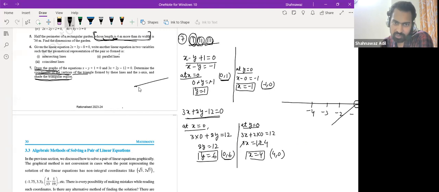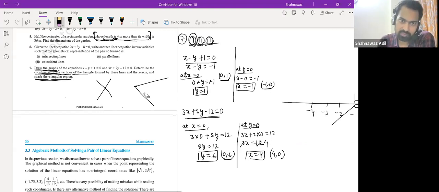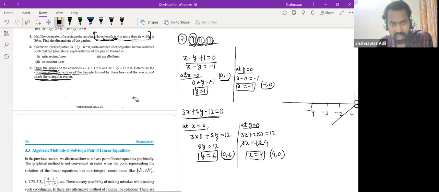What I mean to say is, in the graph we got an intersecting line. So there is a triangle formed right below. So to make the triangle we need the third line, right?